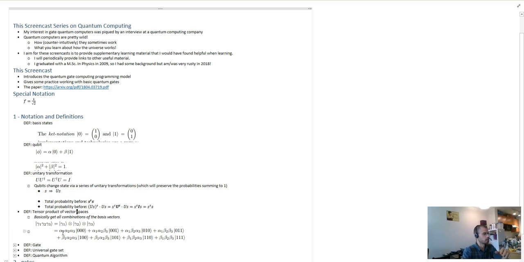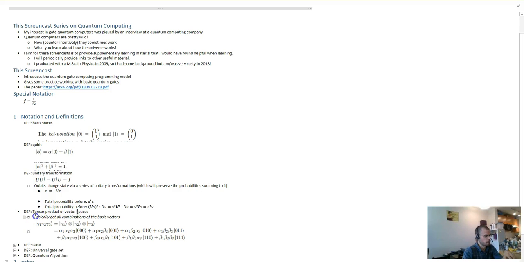Cool. So the tensor product of vector spaces, it's basically, we do every combination of everything. You can see that alpha 1 comes from this gamma 1, and you see that in this term, and this term, and in this term, but these all have beta 1, because they've got 1s in the first place.